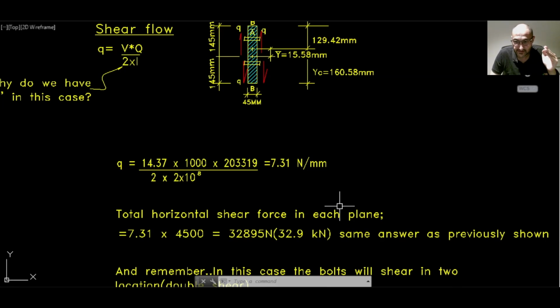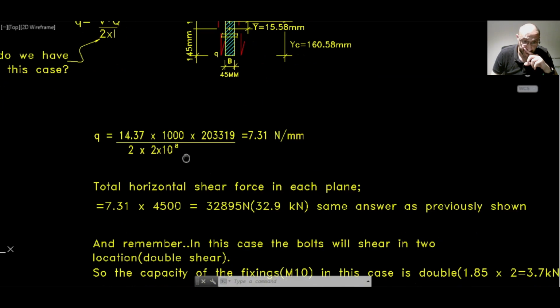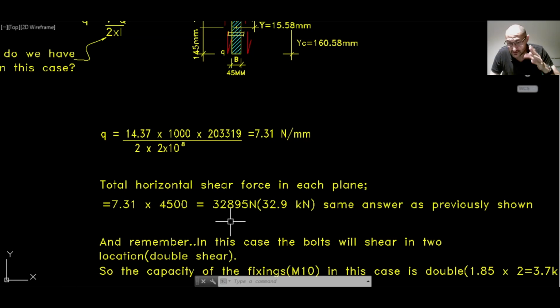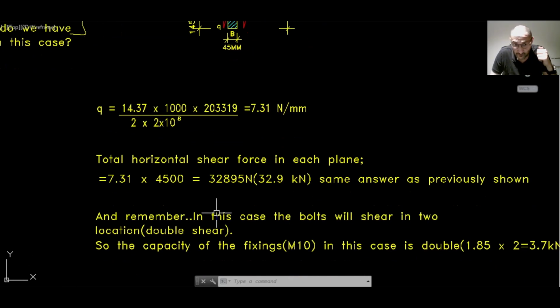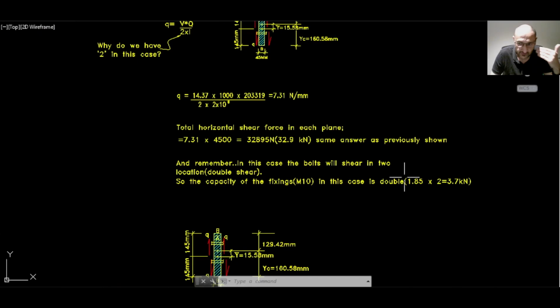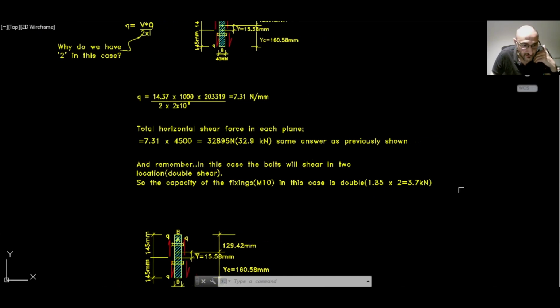Same as the previous answer, but in this case, it's per plane. And remember, in this case, the bolts now will shear in 2 locations, so we will have double shear. So the capacity of the fixings in this case will be double, which is 1.85 times 2, and that will be 3.7 kilonewton.